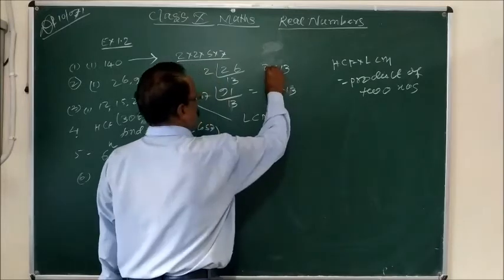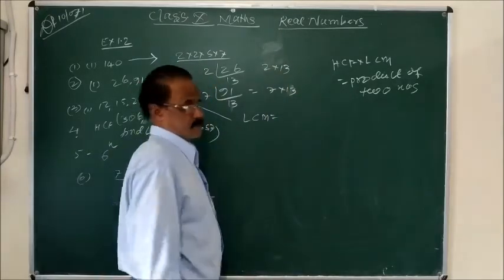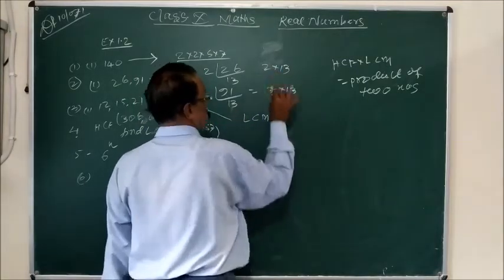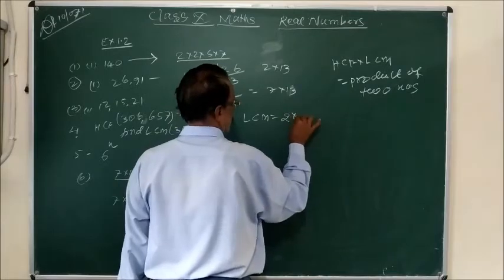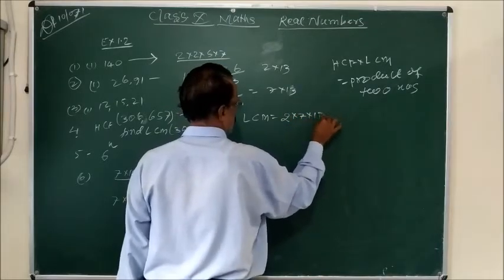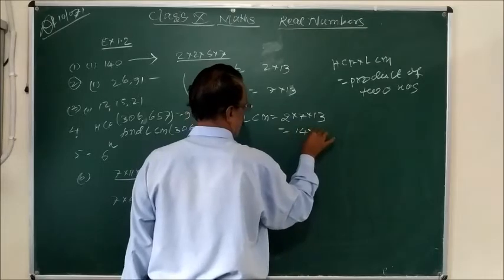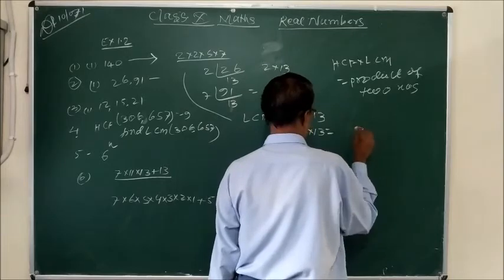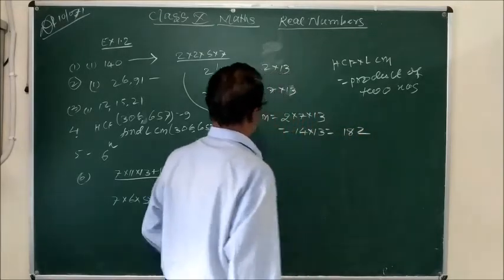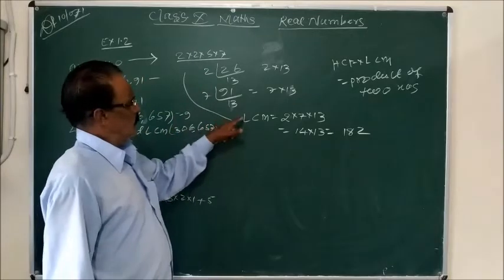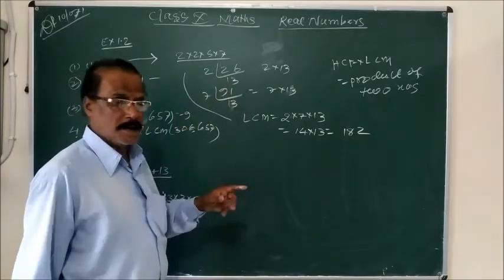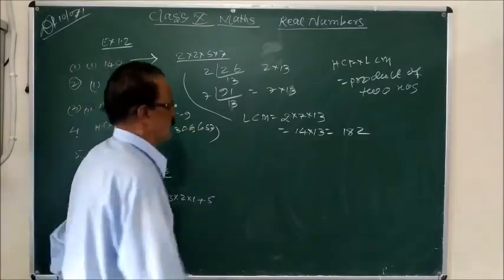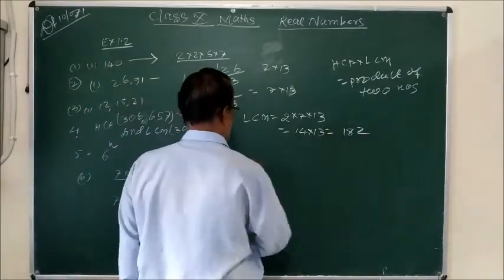For LCM, we take all the prime factors with maximum power: 2 only 1, 7 only 1, and 13 only 1. And you will multiply, you will get the LCM of the given numbers, 182. So how will you find it? You find the prime factors of the given numbers and you take all the factors with maximum power, and you multiply all these, you will get the LCM.